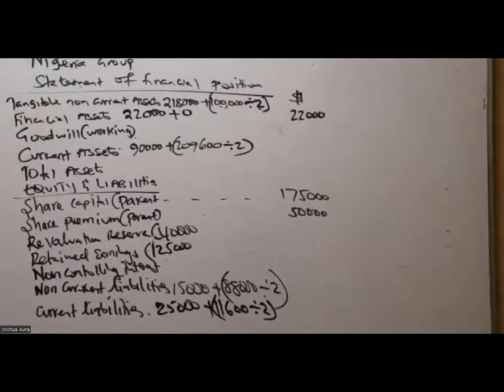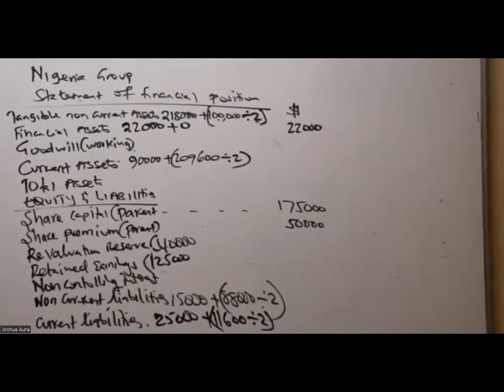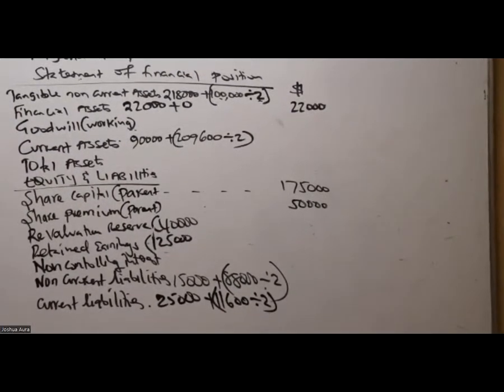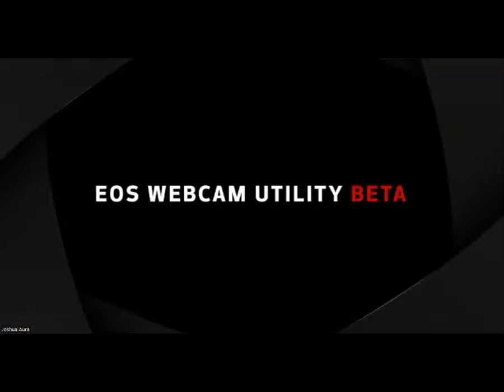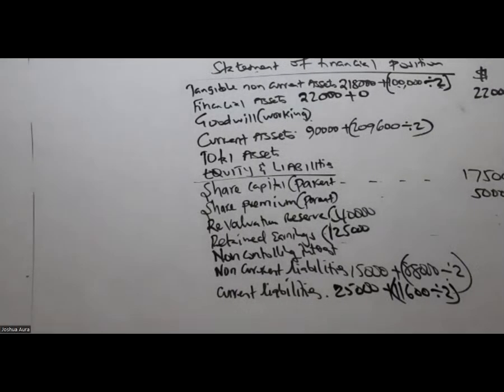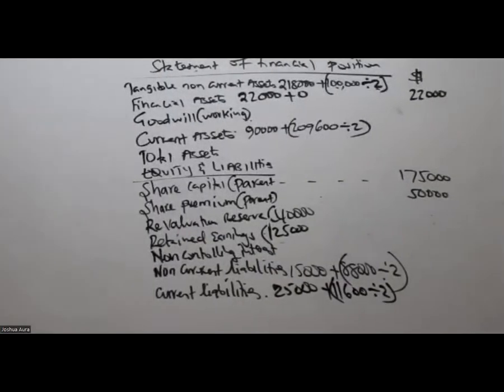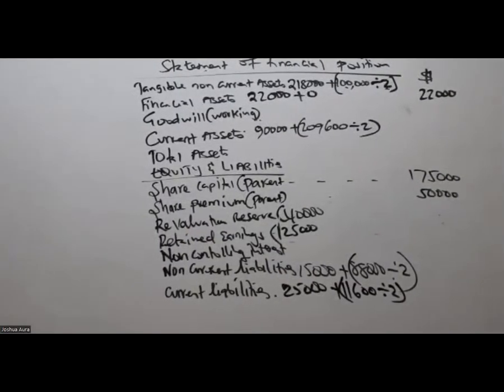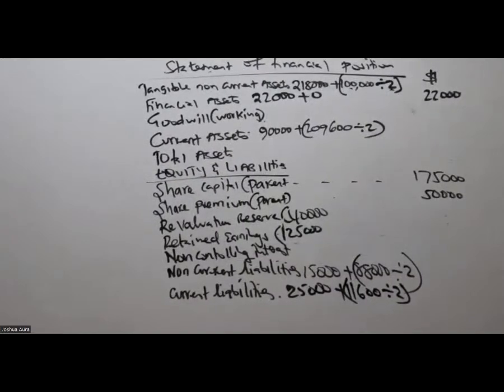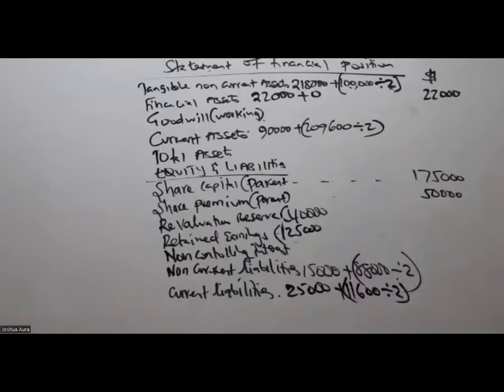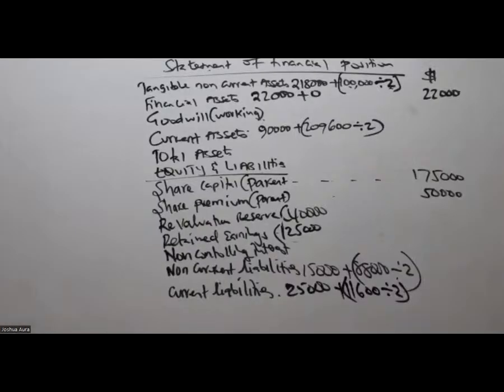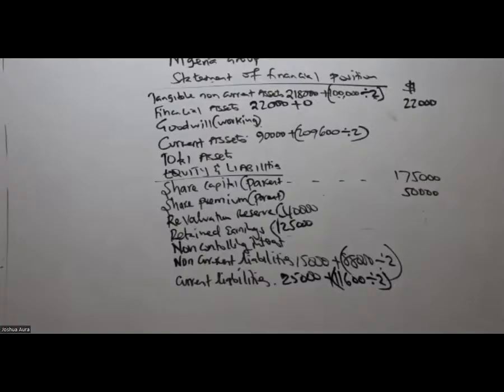The very first working that I shall deal with is not even the goodwill. Trust you me, it is not goodwill. I would want to evaluate the net assets of the subsidiary.